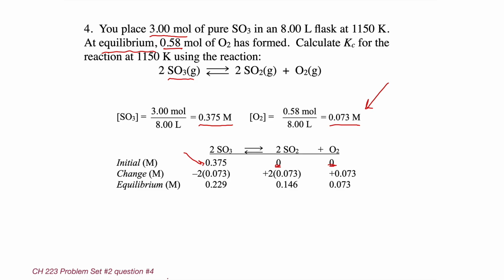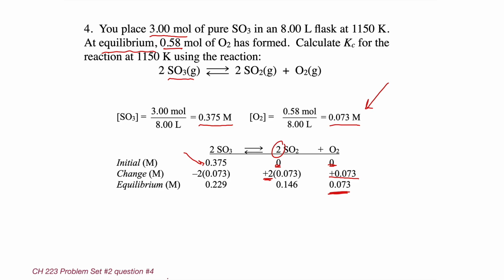But we know that at equilibrium, 0.073 moles per liter of O2 was formed. Notice how oxygen went from 0 to 0.073, so the change here means it increased by 0.073. Now, SO2 has a 2 in front of it. So SO2 is going to go up by twice the amount that O2 went up, or 2 times 0.073, and at equilibrium, 0.146 moles per liter.